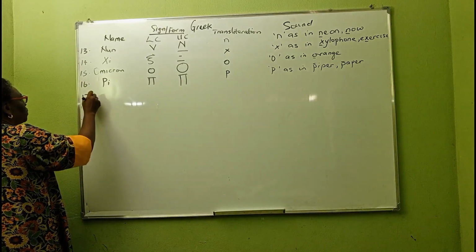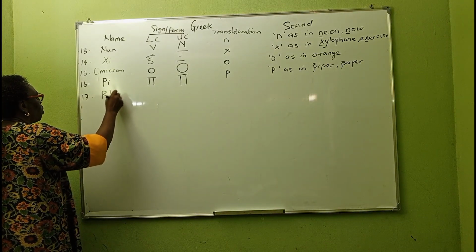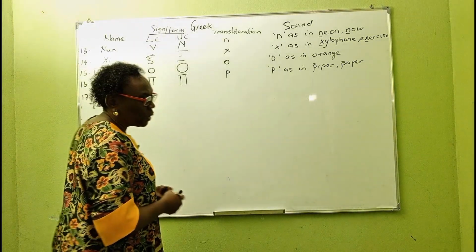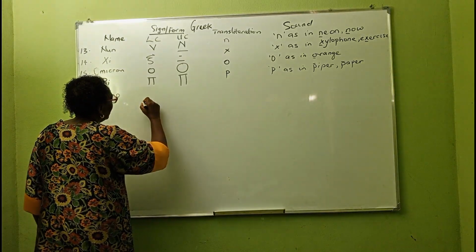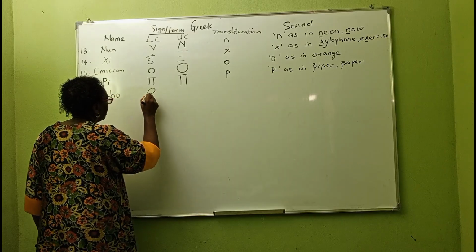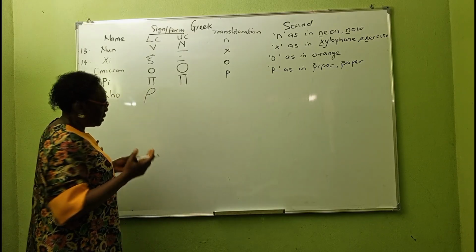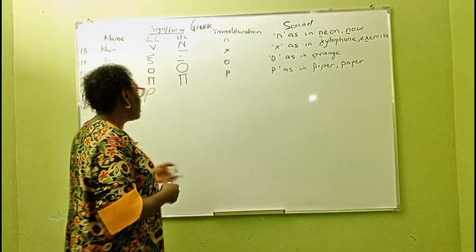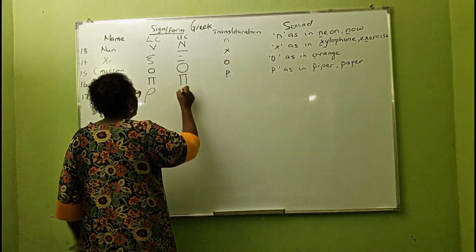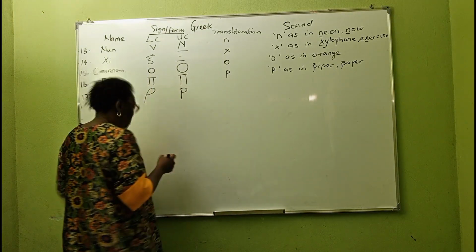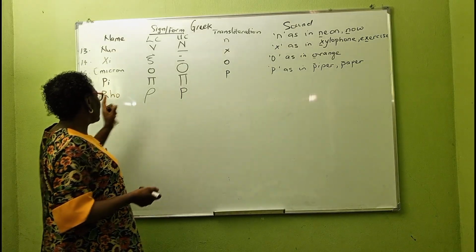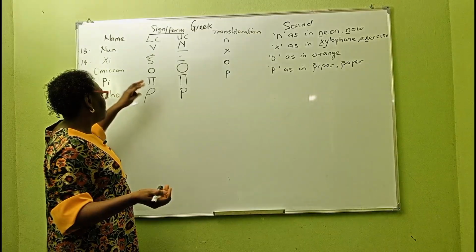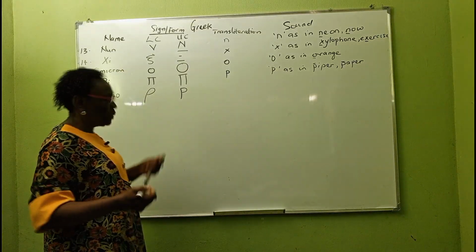Then the 17th one is rho. And how is rho written? You write rho, you allow it to slant, not like that. It slants. So you're writing the capital letter, it is like English P. So take note, don't be confused that our rho actually looks more like English P, whereas our P actually looks something else.